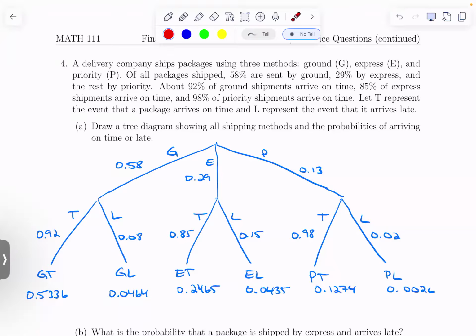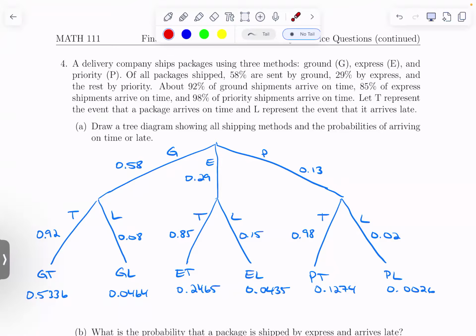But the reason you want to do ground, express, priority first is because of all the packages shipped, we start up here at the top, then 58% are by ground, 29 by express, and then the remainder, which would be 1 minus these two, which puts me at 0.13, is by priority.